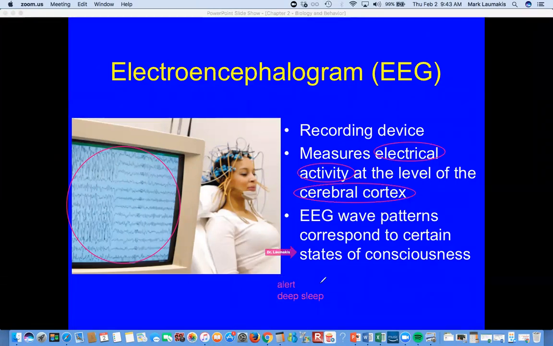So when you are awake and alert, the brain waves kind of look something like this, okay? And I'll contrast them in a second with the brain waves of someone who's in deep sleep. In deep sleep, 2, 3, 4 o'clock in the morning, here's what your brainwave tracings likely look like, okay?